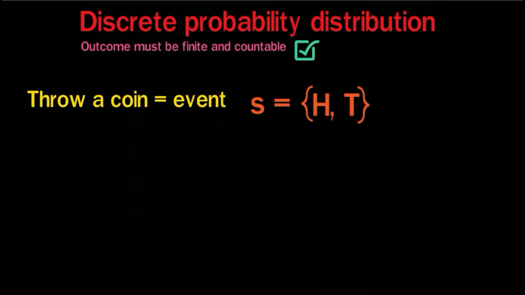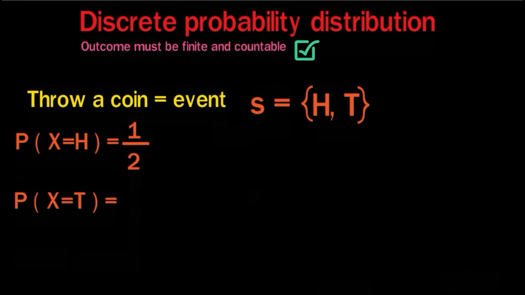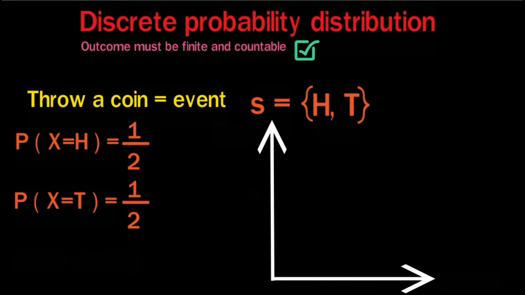So let's draw some graph. Let's say the probability of getting a head when we throw a coin is 1/2. The probability of getting a tail is also 1/2. To draw a probability distribution, the x-axis is the outcome and the y-axis is the probability.